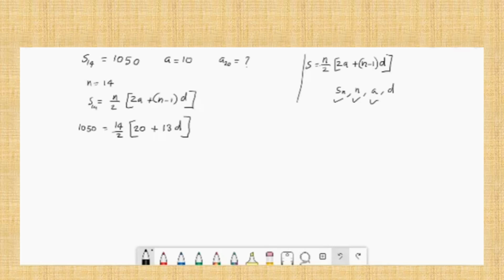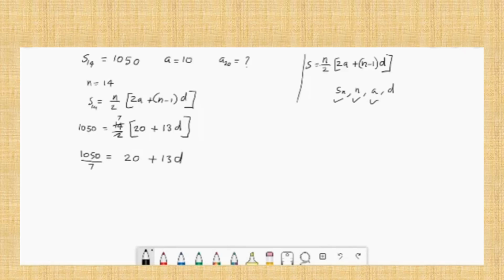So here step by step we can reach the answer. Here we can cancel 2 and 14. How many 2s in 14? 7, right? Yes. So next step, we can take the 7 to the left side. So it will become 1050 divided by 7 is equal to 20 plus 13d.